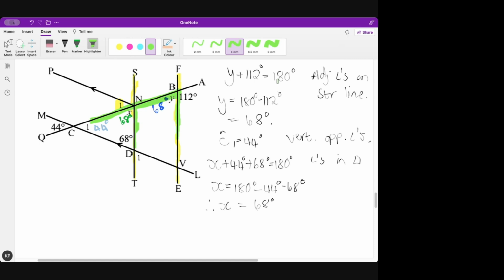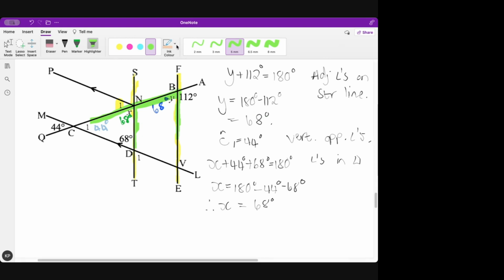We worked them out separately, right? We worked out X and we worked out Y and we found something. Those are both 68. So if those angles are equal, have we not just proven that ST is in fact parallel to FE?